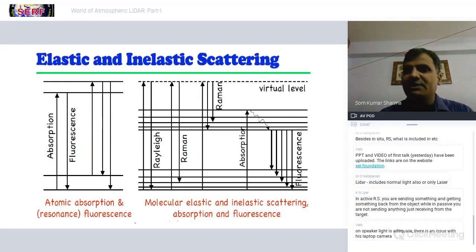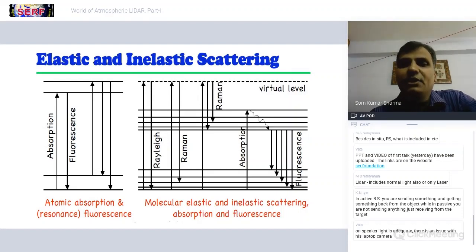For example, if you transmit wavelength lambda, most of the signal will come back by elastic scattering at wavelength lambda, but some will come at lambda plus delta lambda and lambda minus delta lambda. These are the Stokes line and anti-Stokes line, the Raman scattered lines, and it is a property of the material. So in Raman scattering, there is a shift in the wavelength.